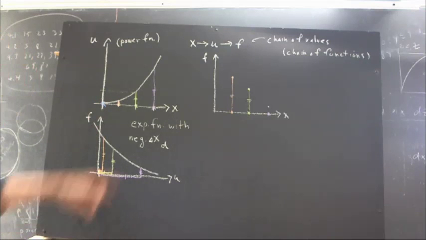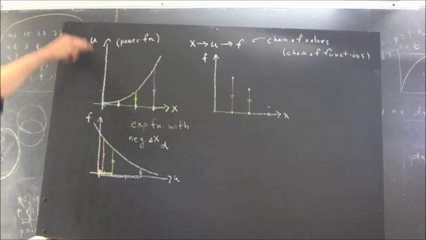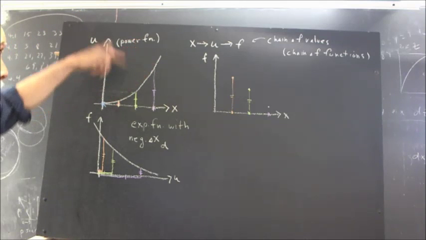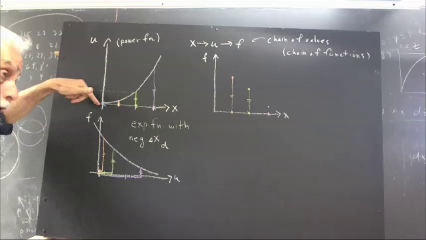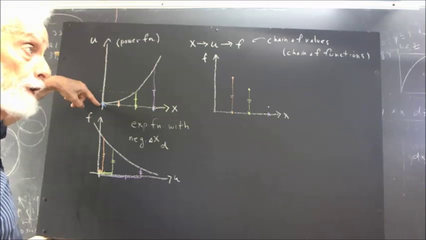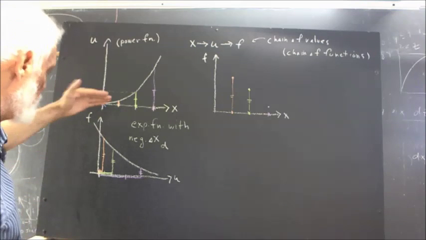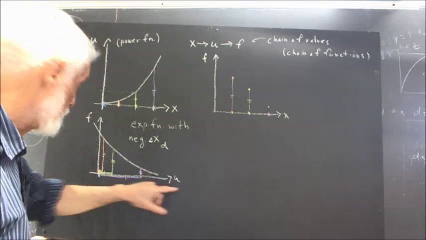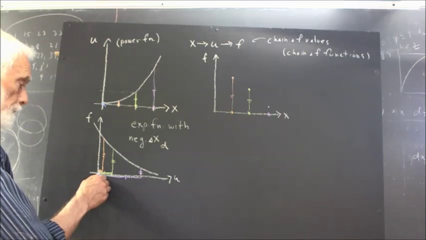Okay, well, if the x value is 0, what's the value of u? Well, I'm at the origin, and this graph, being a graph of a power function, goes through the origin, so my value of u is clearly 0, which means I don't have any segment. It means that my value of u is 0, so I come down here to value 0.